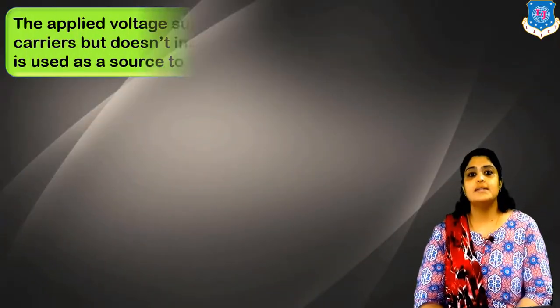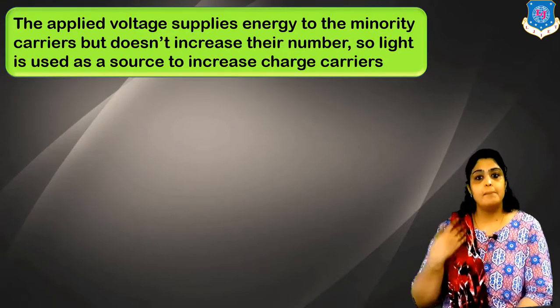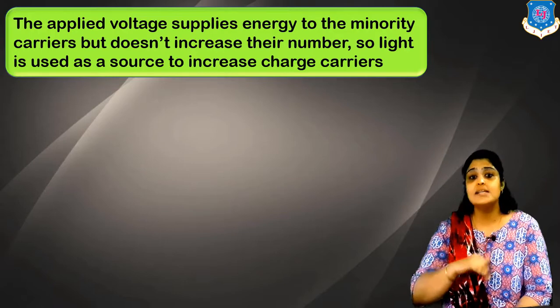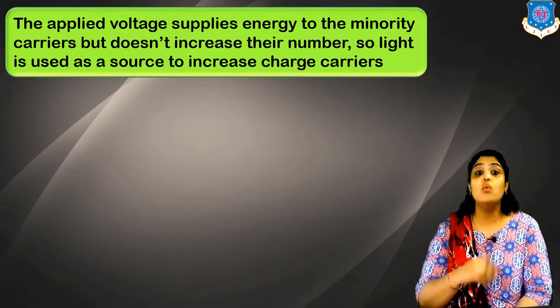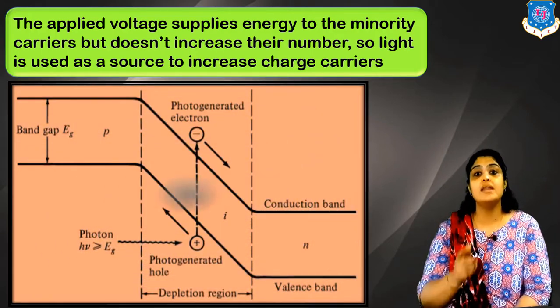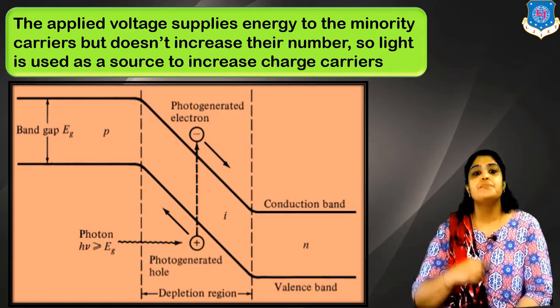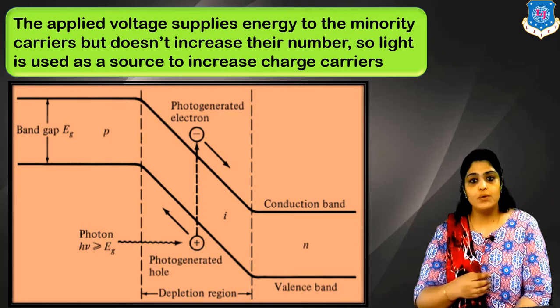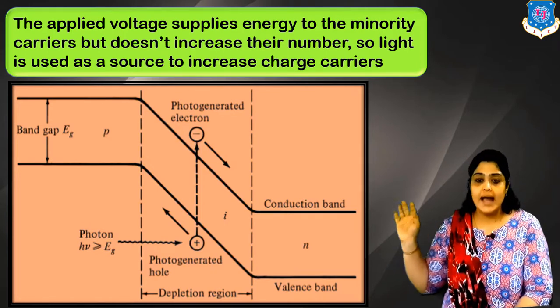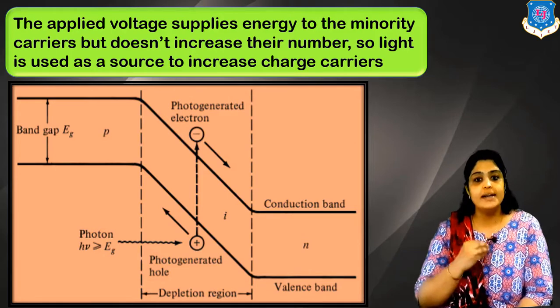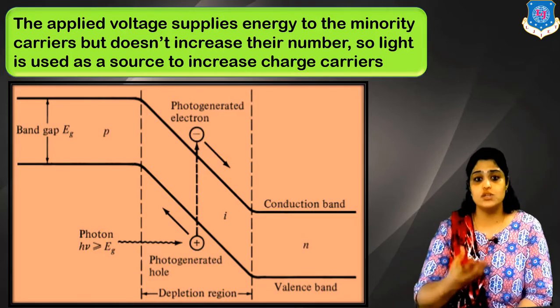Now, let's move ahead. So the applied voltage supplies energy to minority carriers, but it doesn't increase the number. How will the number increase when it is exposed to light? So the below diagram shows the energy band diagram of a photodiode. The energy band diagram has P side and N side. You can see that there are photo-generated electrons and generated holes shown here.